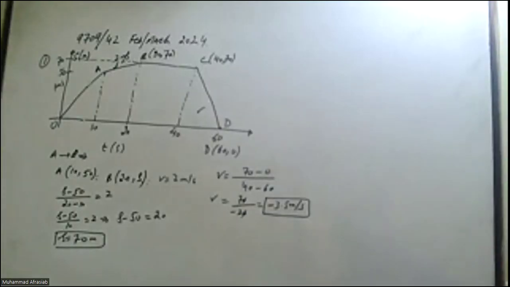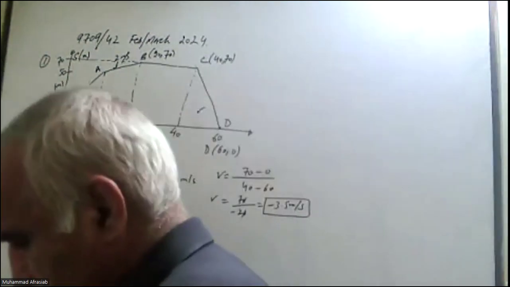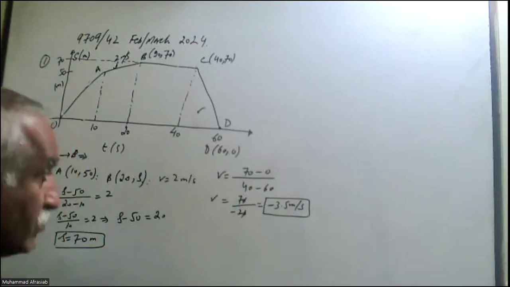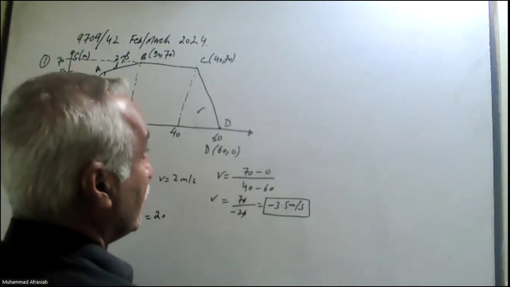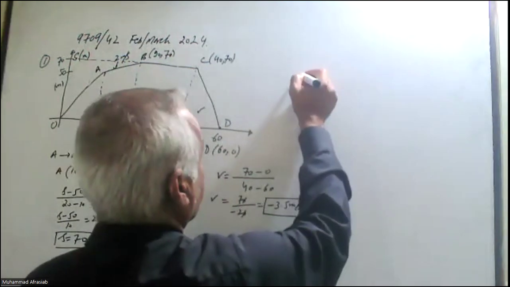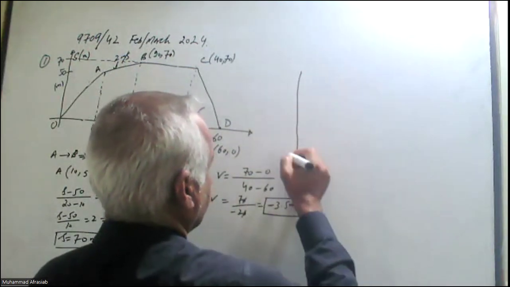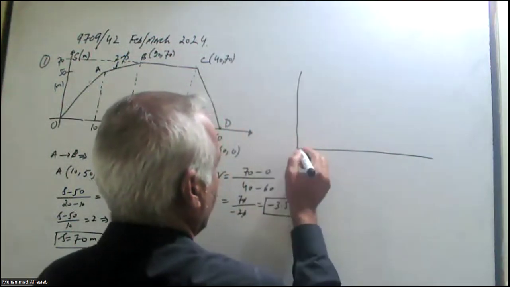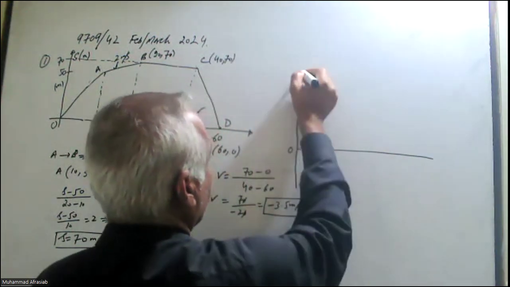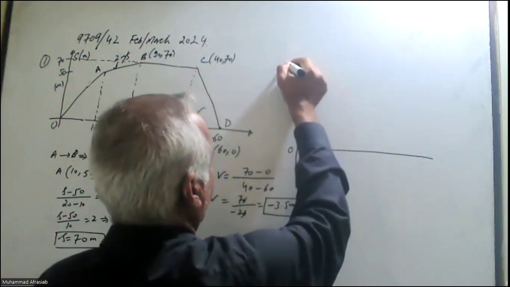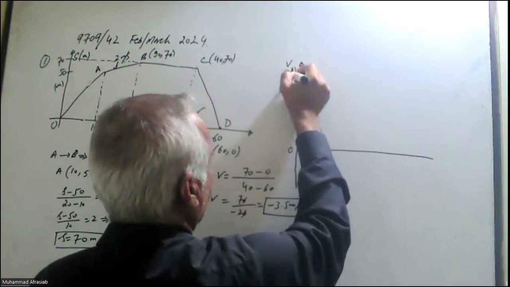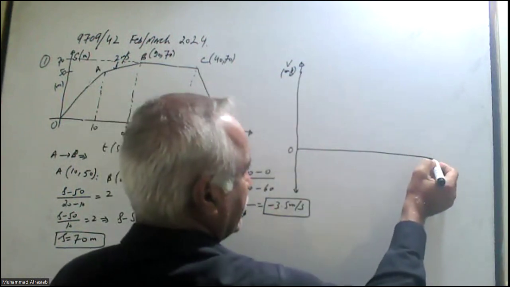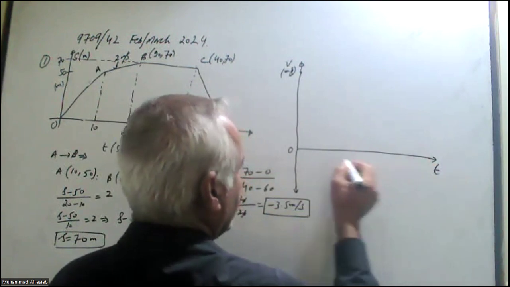Since they are now talking about the velocity time graph from 0 to 60 seconds, we will make the graph like this. Let's say this is the origin, this is velocity and this is negative velocity. This is the time taken for that particle.